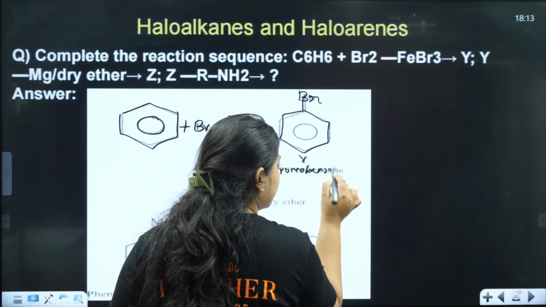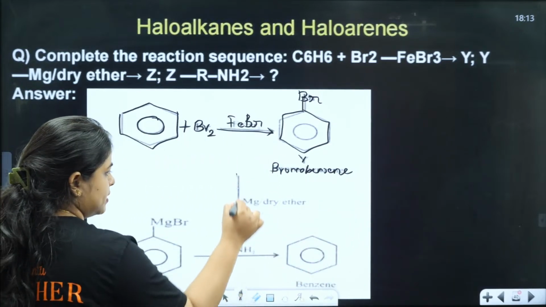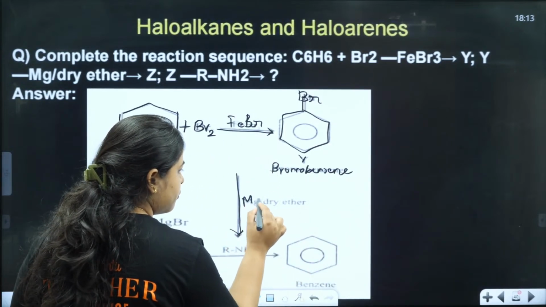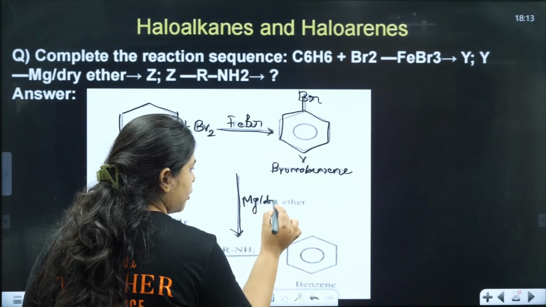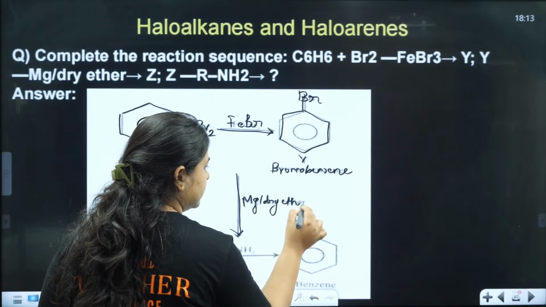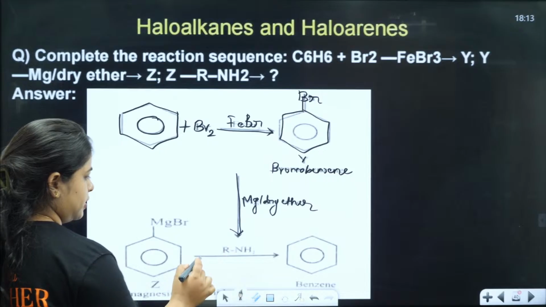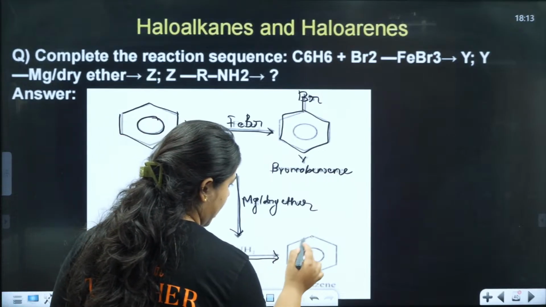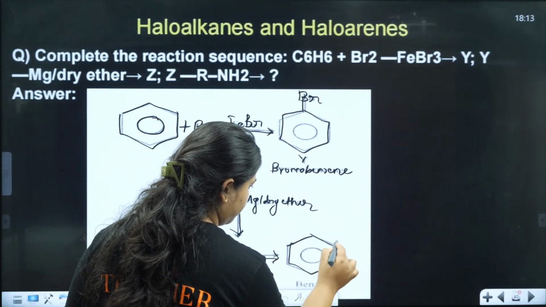Bromobenzene in the presence of Mg or dry ether. This is how the reaction is going to form.